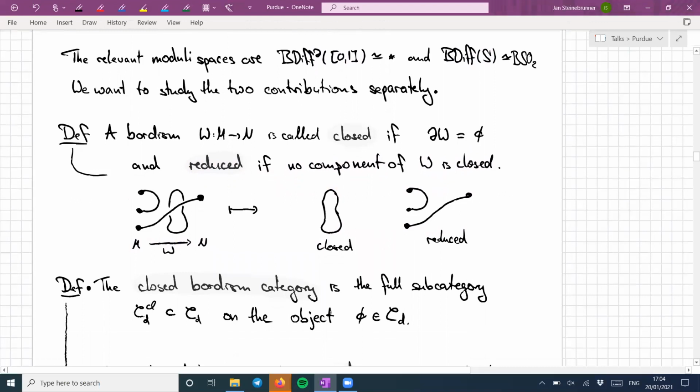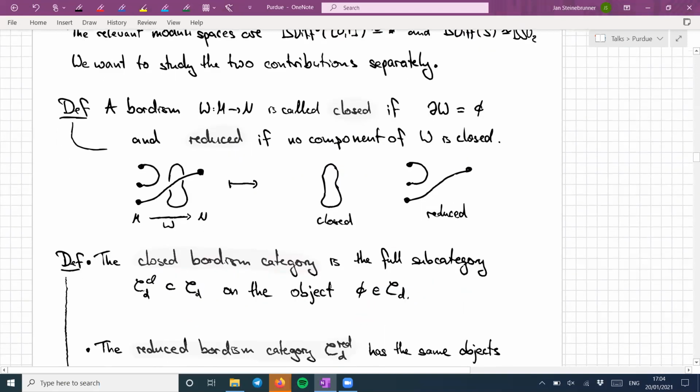And we kind of want that on the level of categories. So we just go ahead and define the closed bordism category. We define this as the full subcategory of C_d on the object empty set. So this has one object, and the morphisms are just the closed d-manifolds, and the composition is by disjoint union, essentially. This is easy to define because it's just a full subcategory.